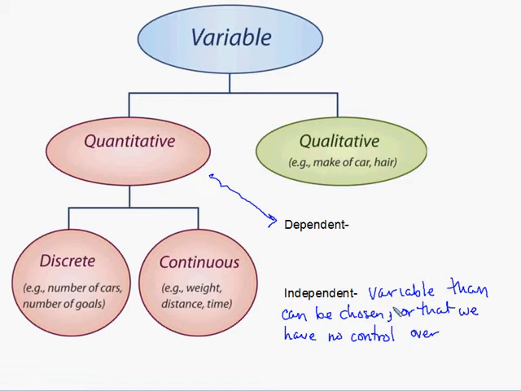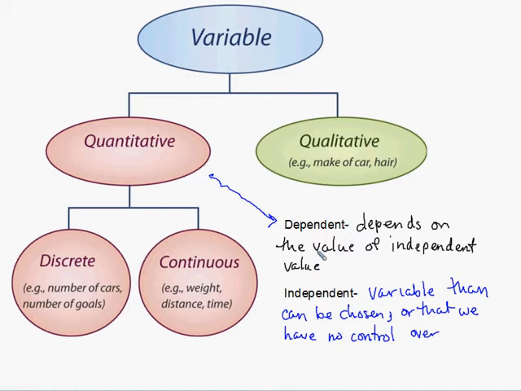If we're talking about how much grapes cost, we can choose how many pounds of grapes we're buying, right? So that's the independent variable. And then the dependent variable depends on the value of the independent variable. So for example, in the grapes example, the independent variable would be the number of pounds that we chose to buy, and then the dependent variable would be how much the grapes cost.